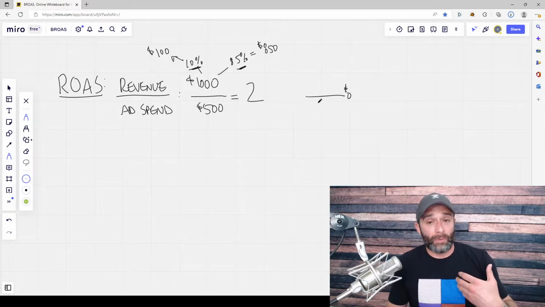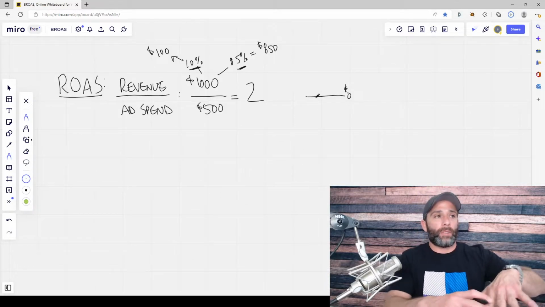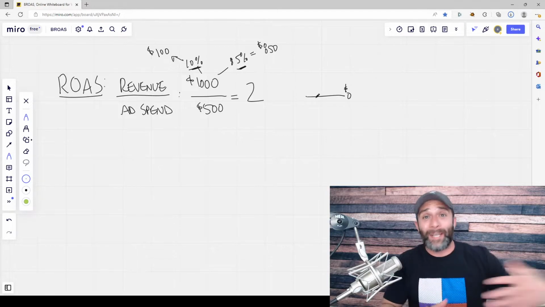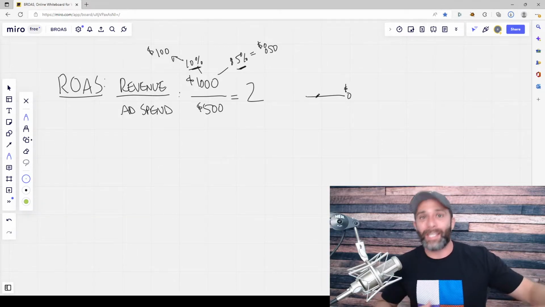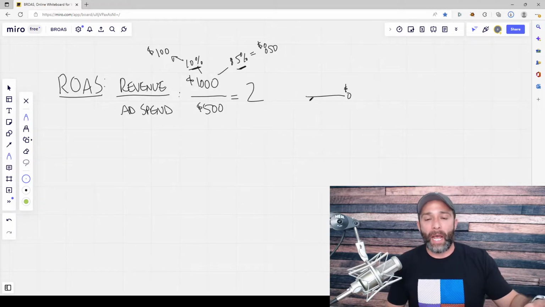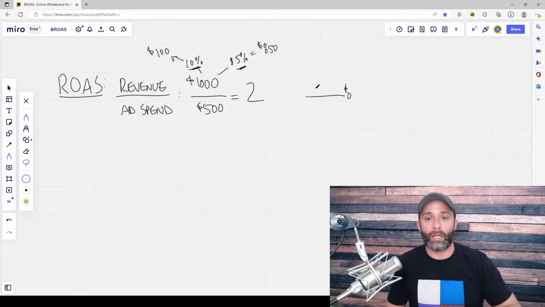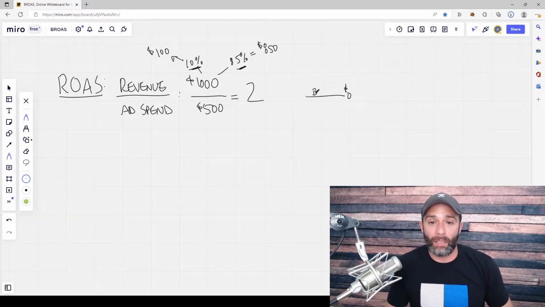But you get the customers and you get all the other benefits. You get impressions, brand building, you get people who didn't buy, but you're going to be able to convert later on. And then you have buyers that you'll be able to convert later on as well. So there are all things that happen, but let's say at the very least, you bought customers, but made $0. That would be your break-even ROAS.